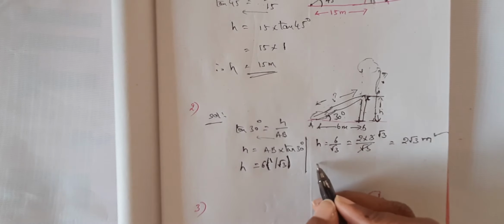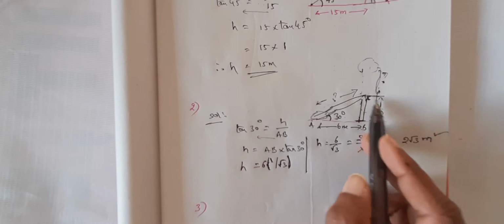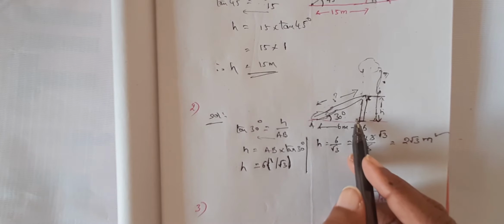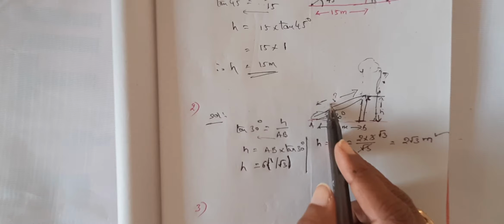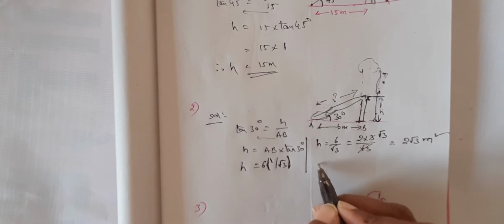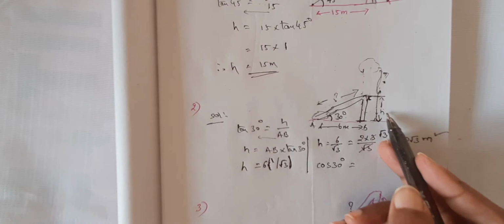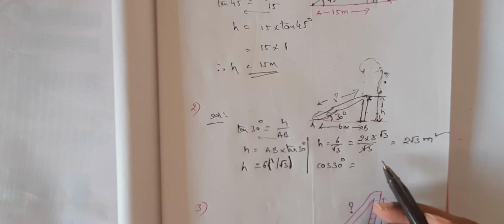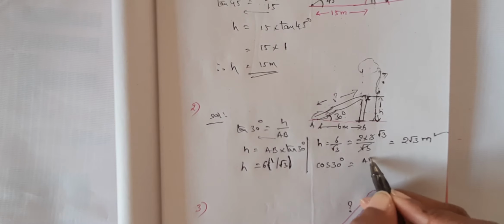Now you can use the Pythagoras theorem, or you can find this one using adjacent side by hypotenuse, which is cos. So now I will take cos. Cos 30 is equal to, you can take even sine because you have 2 root 3 here. So cos 30 is equal to AB by AC.